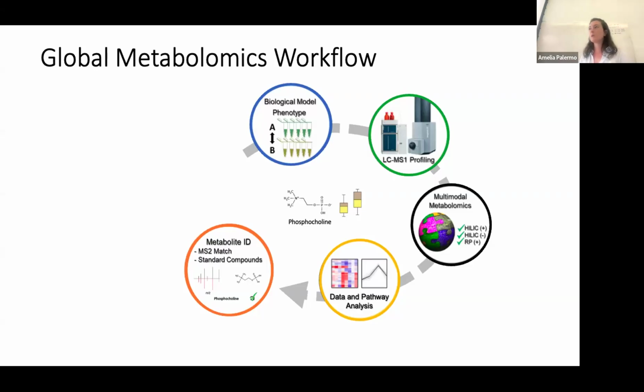And this is done by going back to the mass spectrometer, focusing on those metabolic features of interest, fragmenting them by exposing them to high energy in the collision chamber of the mass spec, and collecting what is called the fragmentation spectra, or also MS2 or MSMS.